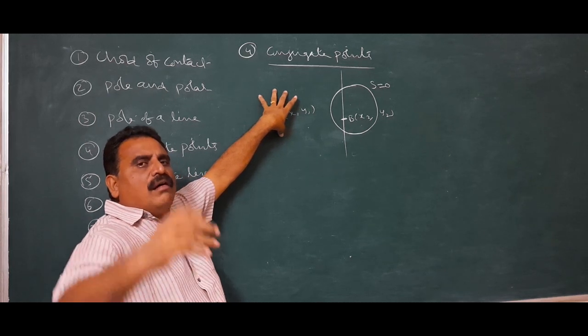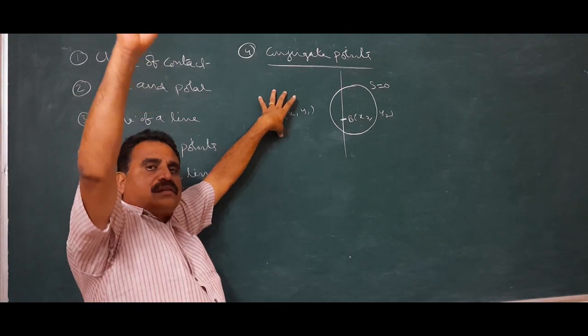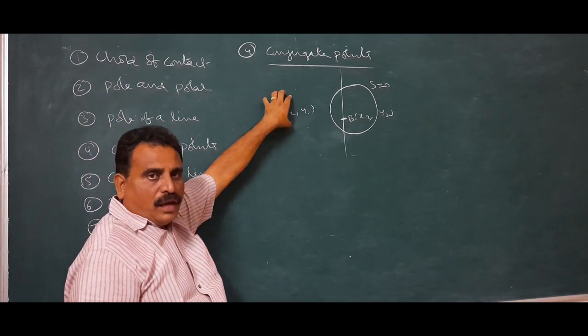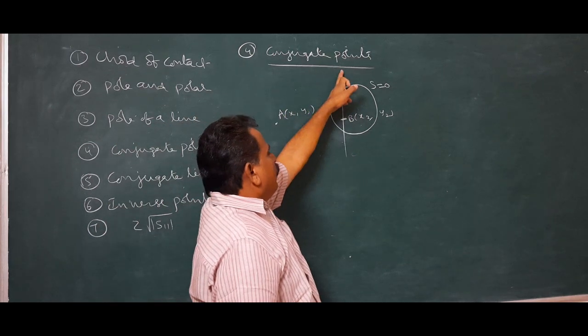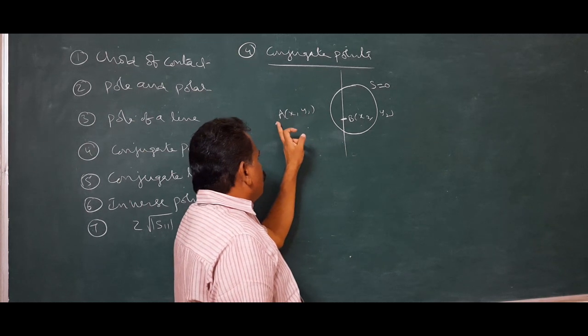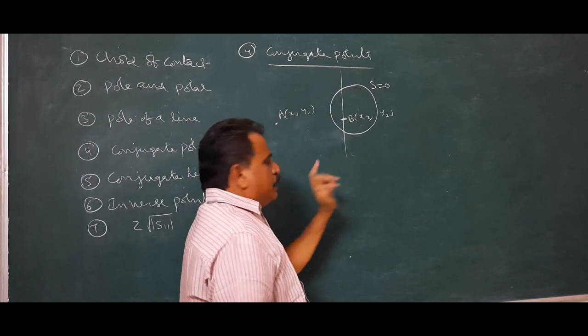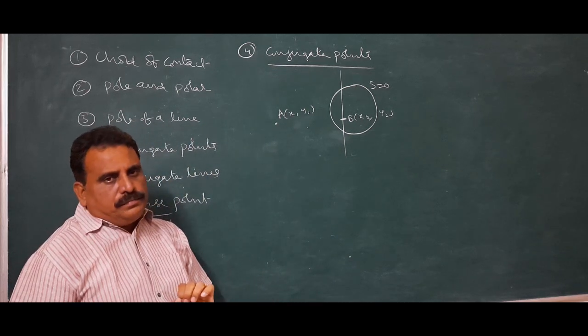Infinite points are there. All these infinite points form a line. That line is called the polar of A. If you take any other point on the line, definitely that is conjugate with A. So that's why the conjugate points of A are infinite. A and B are conjugate points.